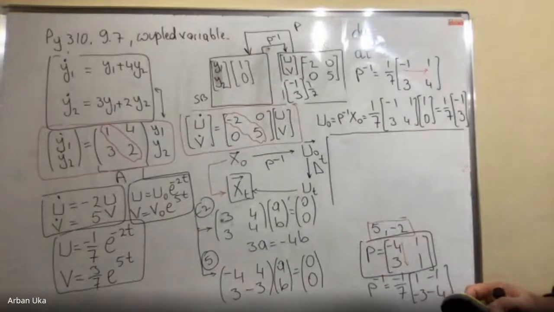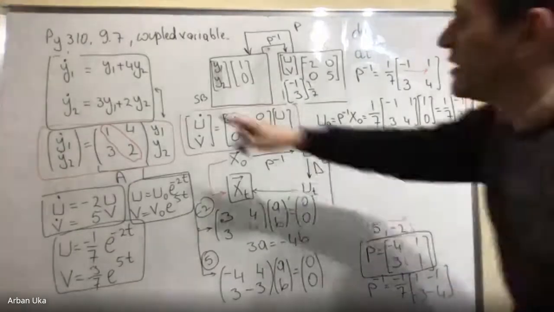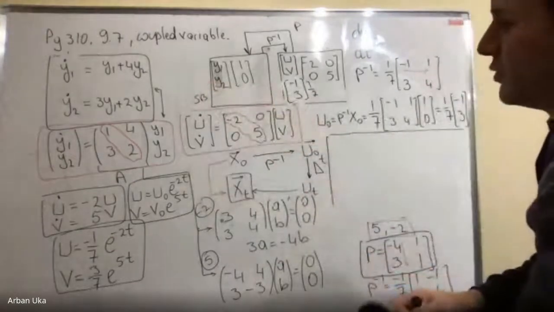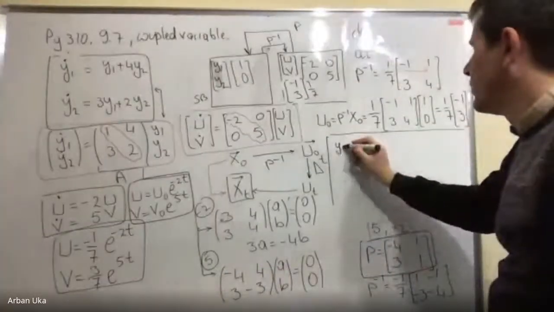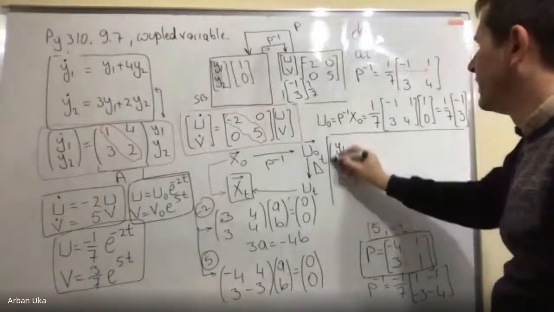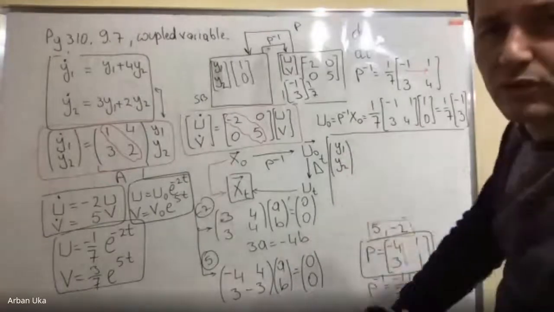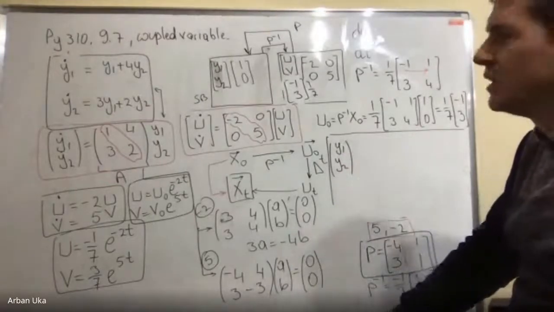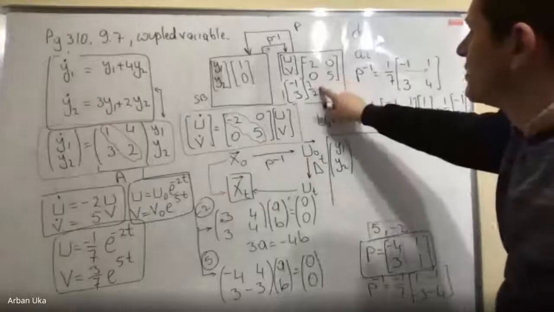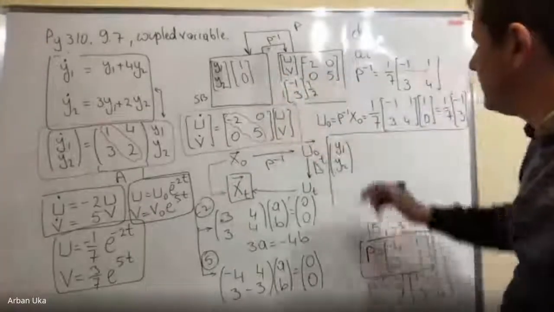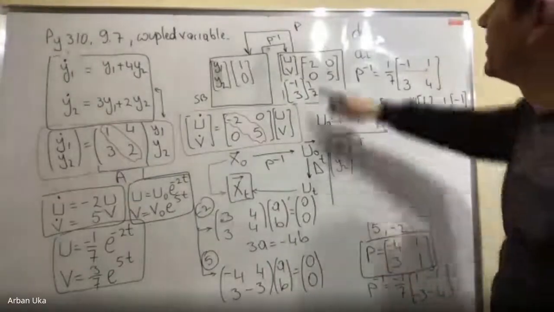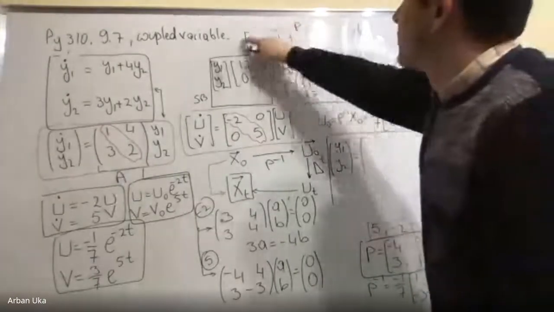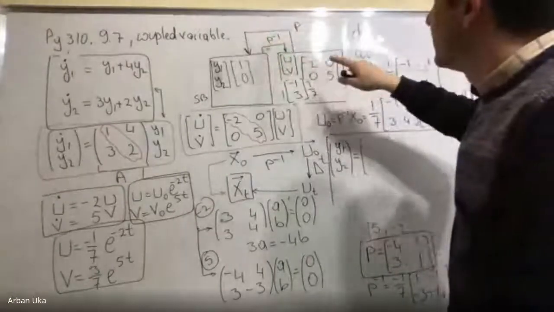Now we need to find how the vectors y1 and y2 depend on u and v. How do we do the linear transformation of one vector from this basis to this? We can do it by multiplying by the matrix P, you see? So we move the linear transformation of vectors from here to here.